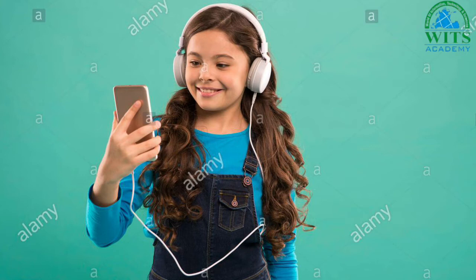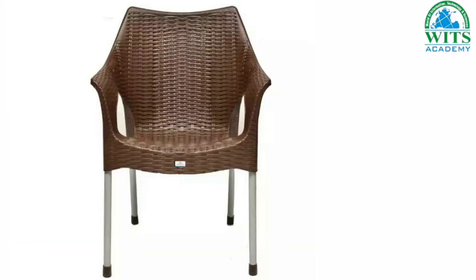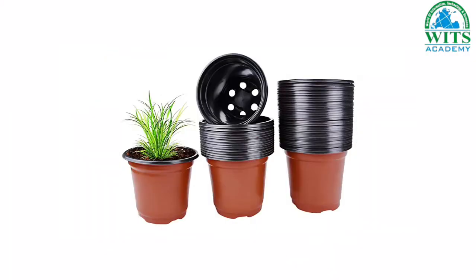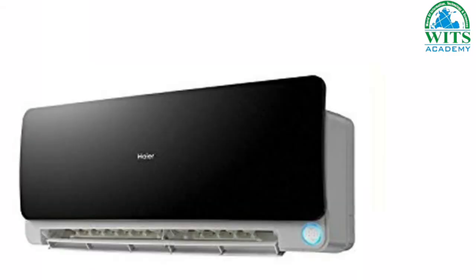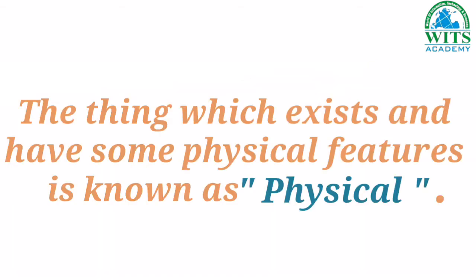Look at more things in your surroundings like chair, pots, clothes, bed, fridge, and AC. You may tell about their physical features. The thing which exists and has some properties is known as physical.